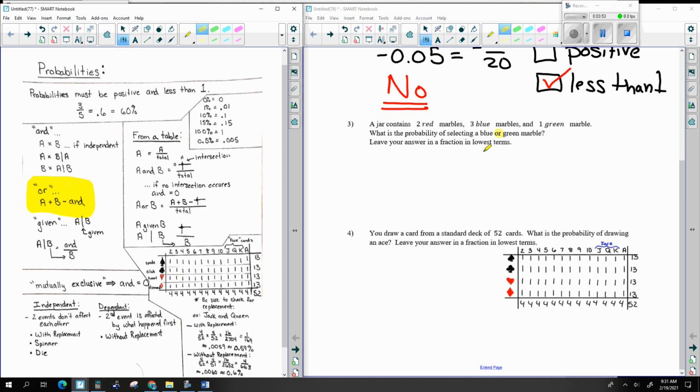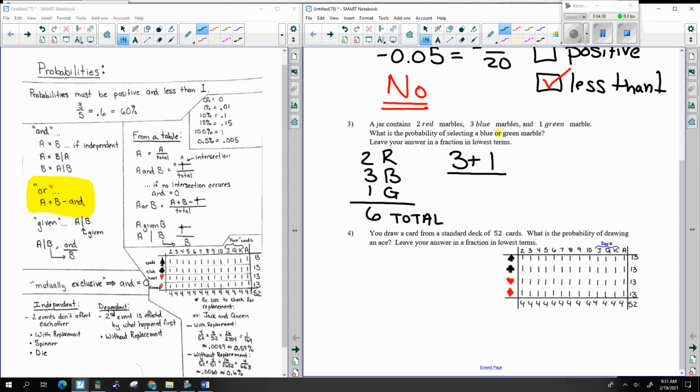All right, so let's take a look here. A jar contains 2 red, 3 blue, and 1 green. What is the probability of selecting a blue or a green? Let's get the rundown. There's 2 red, 3 blue, 1 green, making a grand total of 6. So what's the probability of selecting a blue or a green?